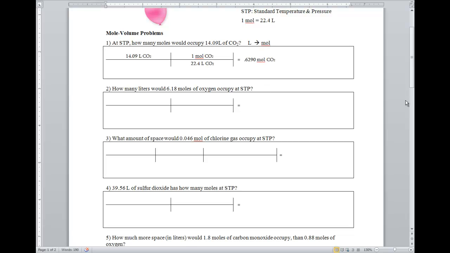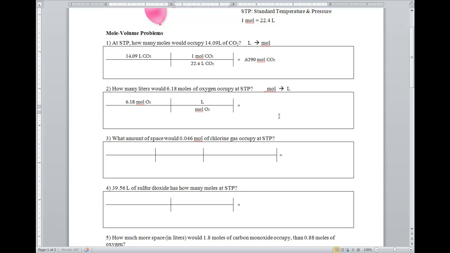How many liters? So we want to end up at liters, and we're given moles, 6.18 moles of oxygen. So given that, let's take a look. We're given moles, and we want to convert to liters. How do we do that? It's going to be 6.18 moles of oxygen. And because we have oxygen up here, we want to get rid of it, so we will put it diagonally down here.